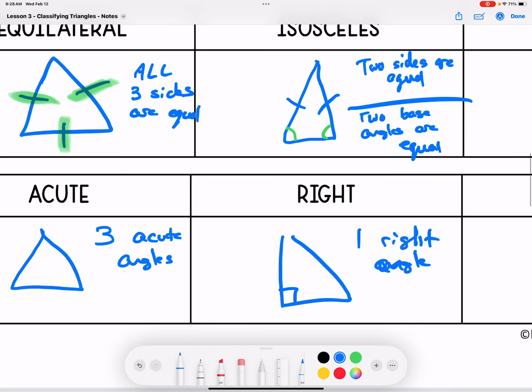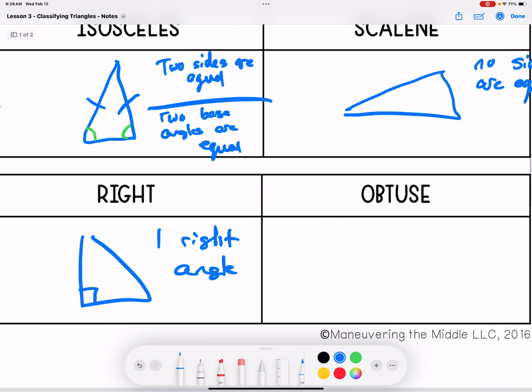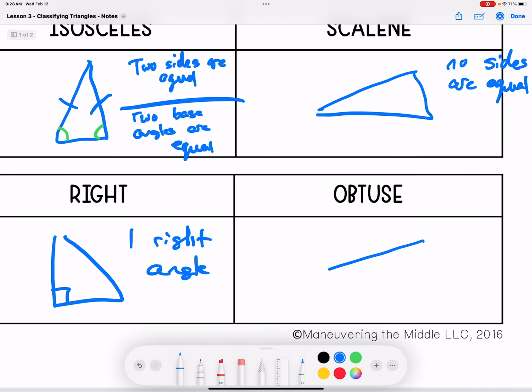That's angle, by the way. I write it a little better since y'all say I write bad. And then obtuse, what do you think it's going to have? It's going to have one obtuse angle.